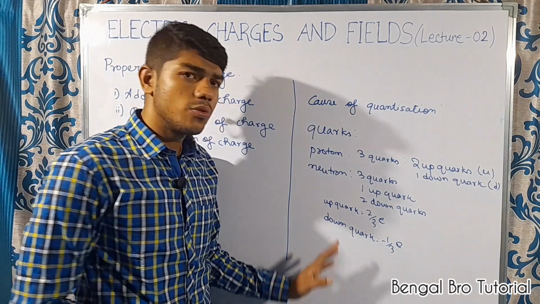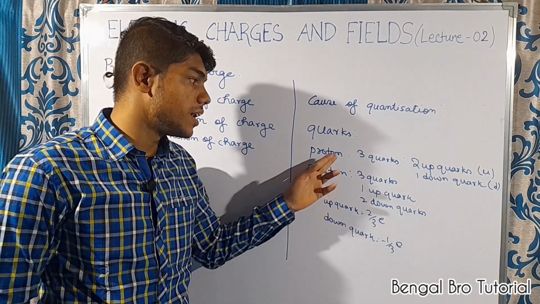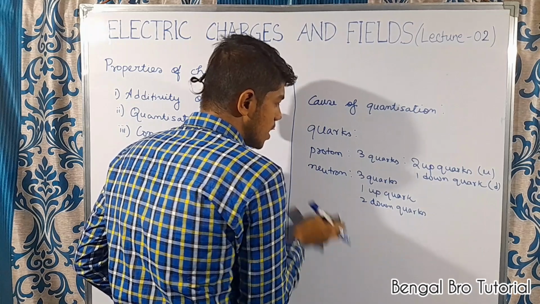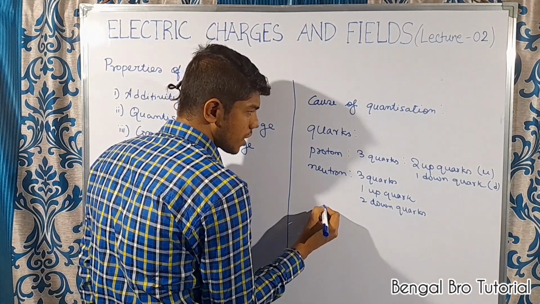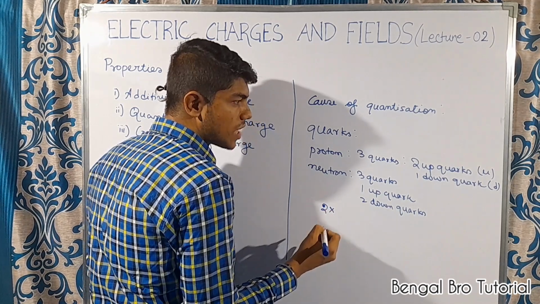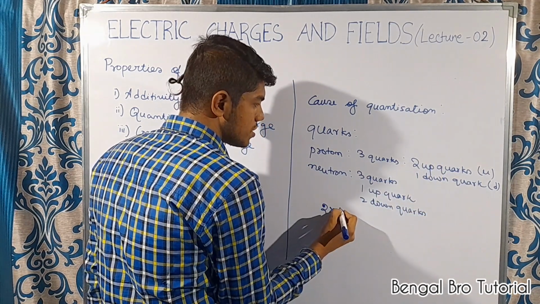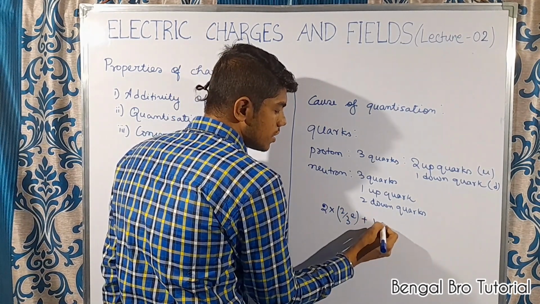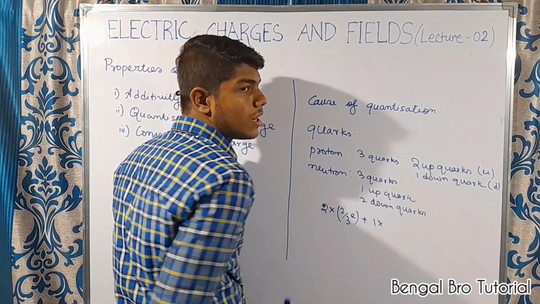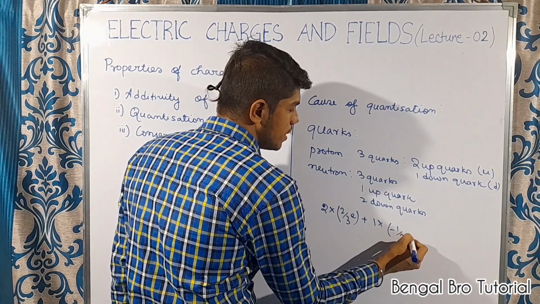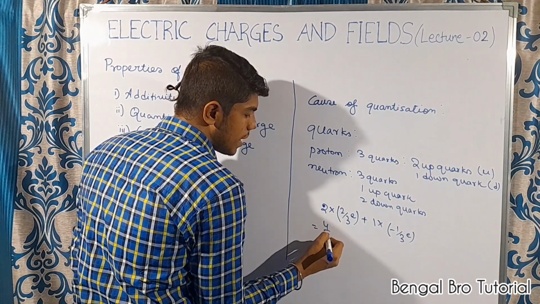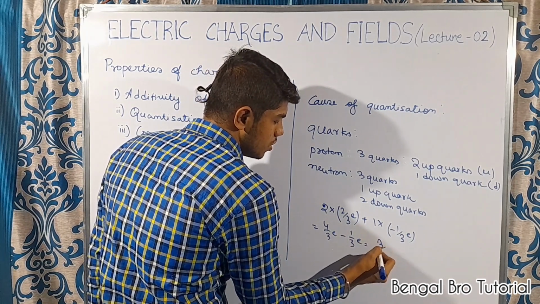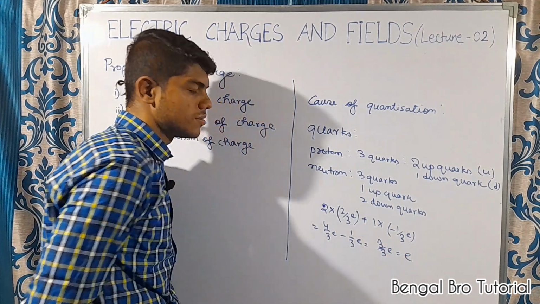So if you want to find the total charge present in a proton, how will you find it? 2 into the charge in one up quark, which is 2/3 e, plus 1 into the charge in one down quark, which is -1/3 e. So 4/3 e minus 1/3 e is equal to 3/3 e, which is equal to e.